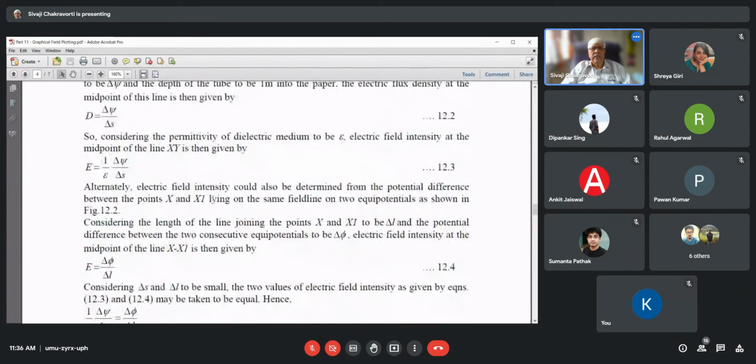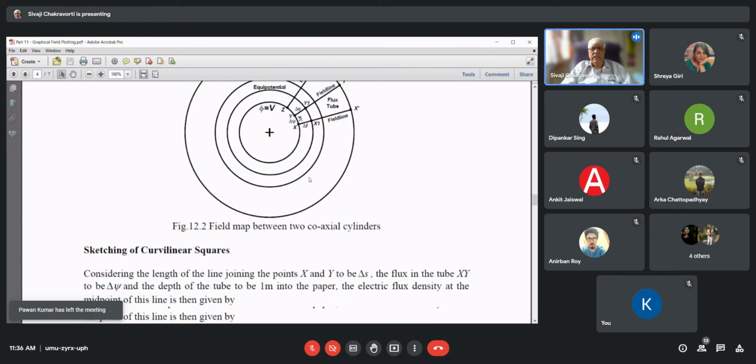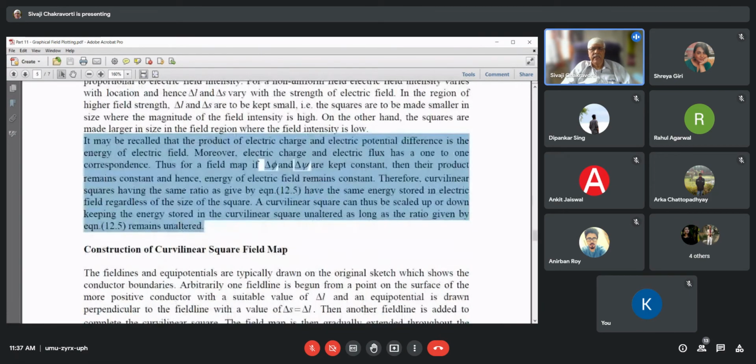That means if you keep this del L by del S constant, and as you move from the live electrode to the earth electrode, naturally your del L and del S will keep on increasing. But if you keep this ratio constant, then in each curvilinear square the energy will remain the same.